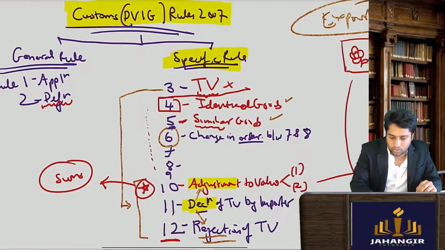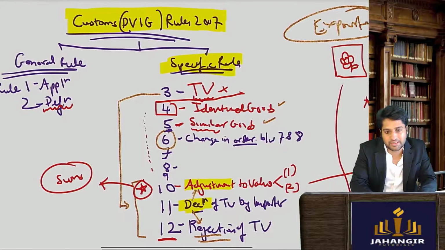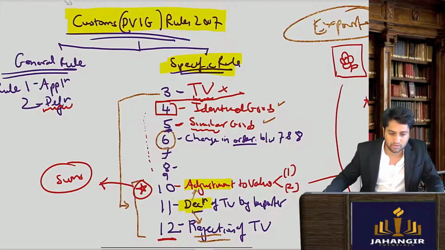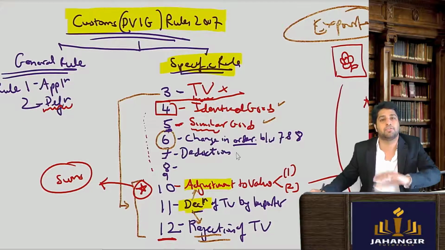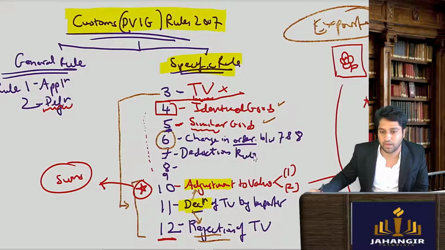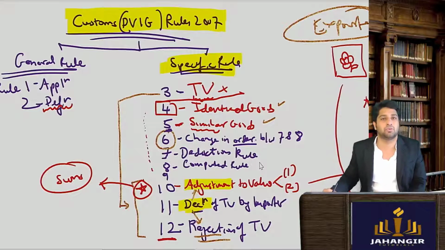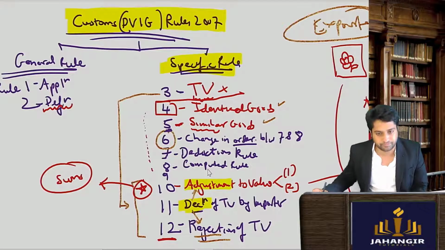So rule number 7 is the deductive rule, where you have to do a few deductions before you come here. We'll see what is the deductive rule. The 8th is called as your computed rule. We have to compute the value on basis of cost of production, etc. We'll see what it is.